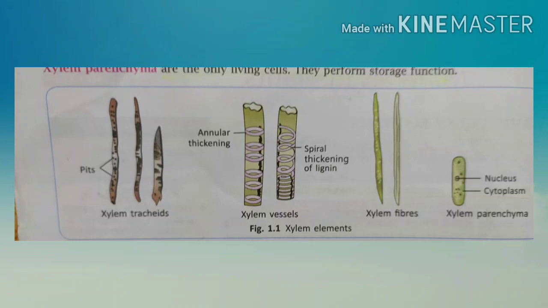Third, the partitions between the cells dissolve to form long channels for the transport of water and minerals. The xylem tissue consists of number 1 tracheids, number 2 vessels, number 3 xylem parenchyma, and 4th xylem fibers.